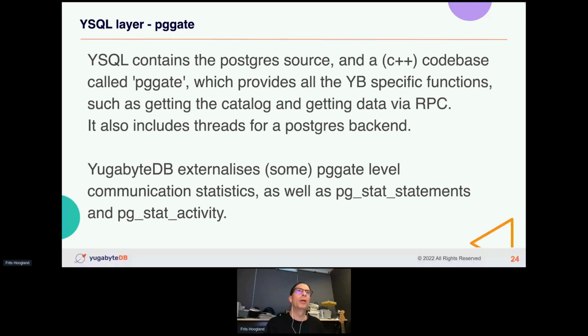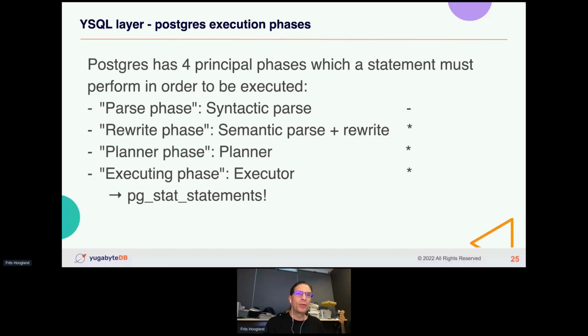Now, another really important thing: every query in Postgres, and this is true for both Postgres and YSQL, needs to go through 4 principal phases before it can execute on data.